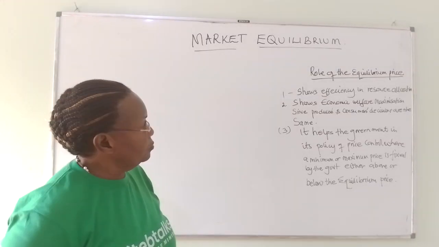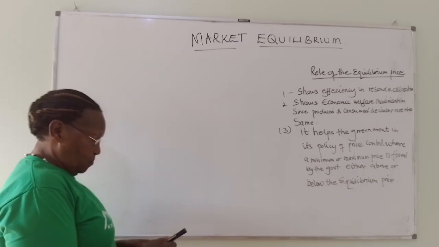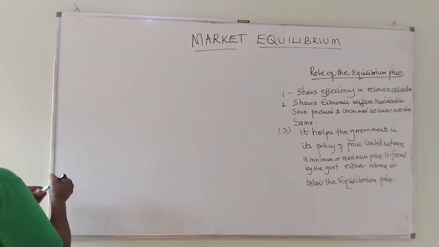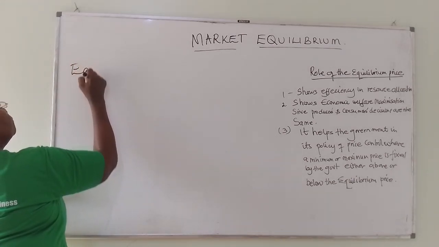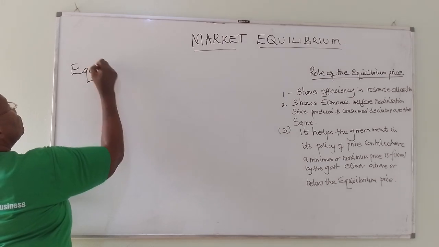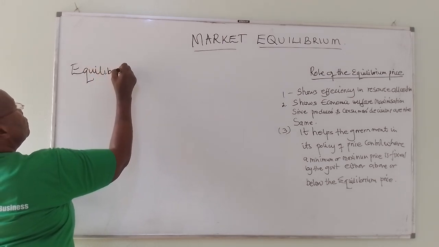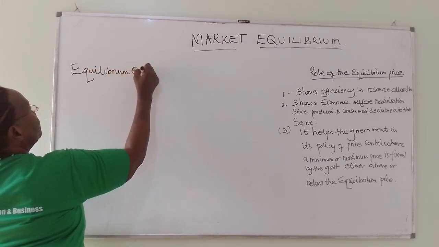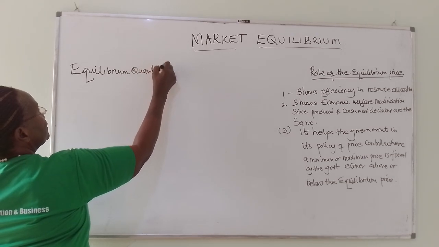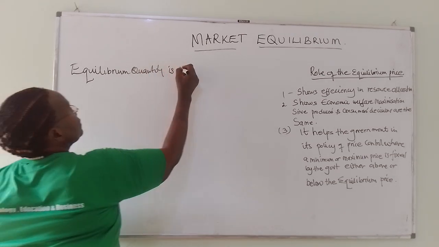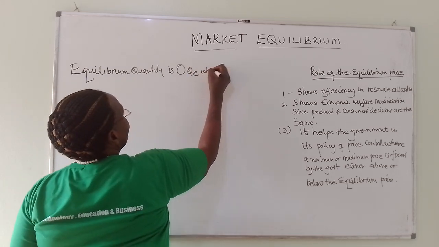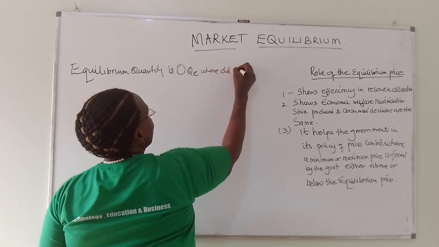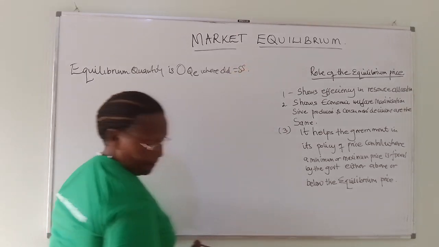And from our illustration, we saw that the equilibrium quantity is OQE, again where demand is equal to supply.